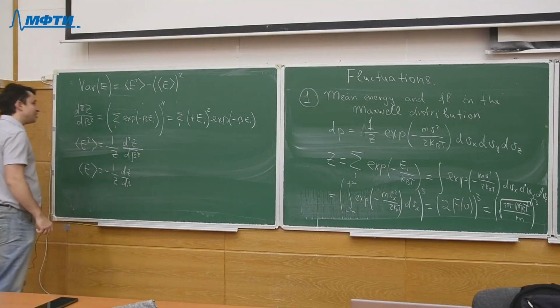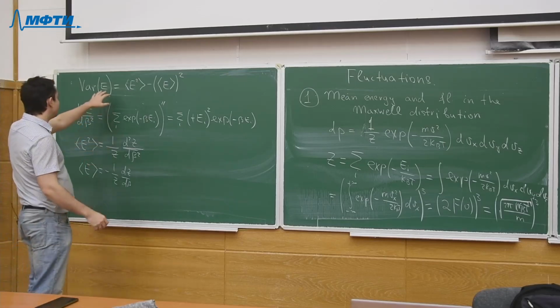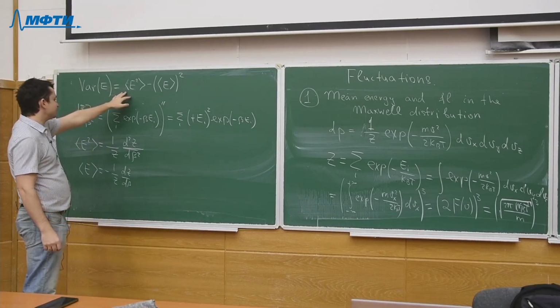And actually, I can calculate a compact expression for the variance if I use some well-known rules for the calculation of derivatives. So let me write it here. According to this equation, variance is something like this.